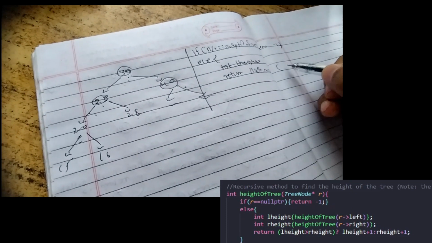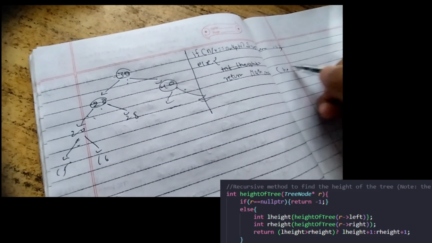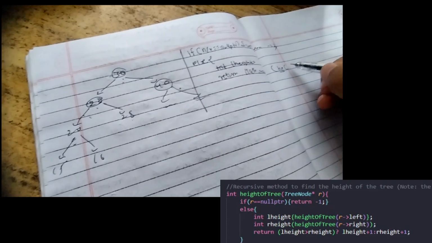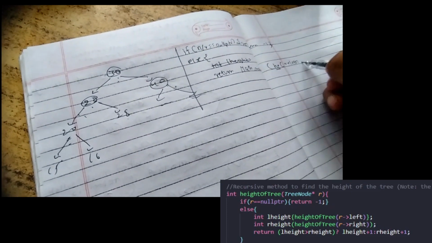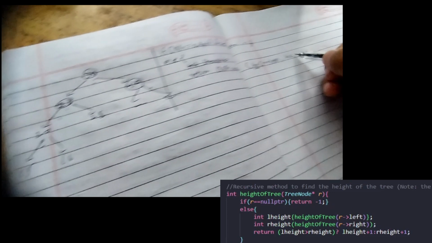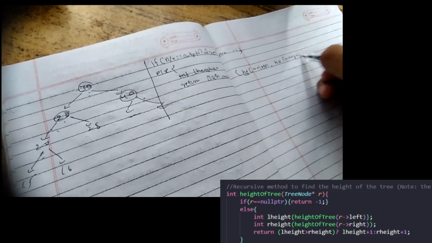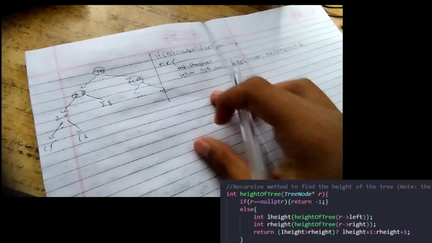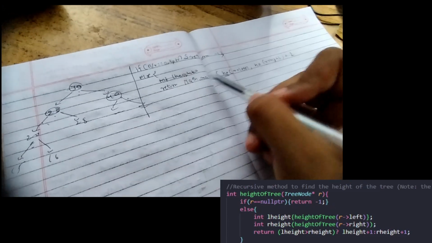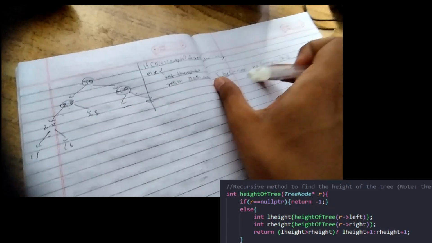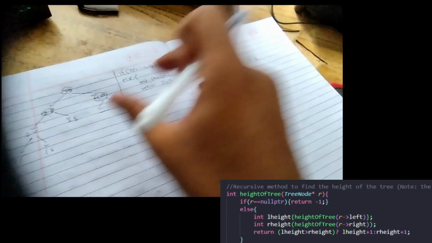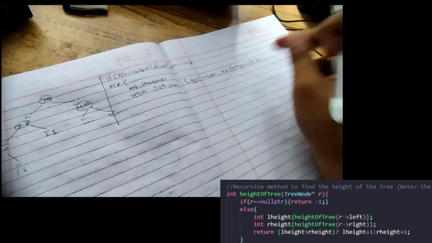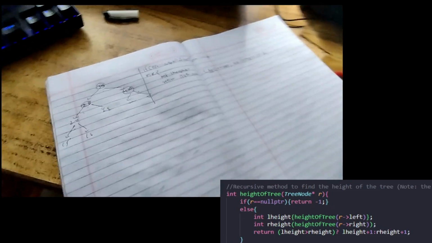Then just say height of tree, which is the whole function, called on the left. This is the left part, and the height of tree on the right part, and add it to 1. So this is max: you find the maximum of the left and right subtrees' heights, and you add 1 to it.